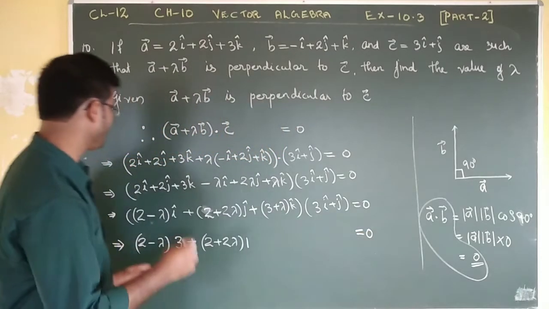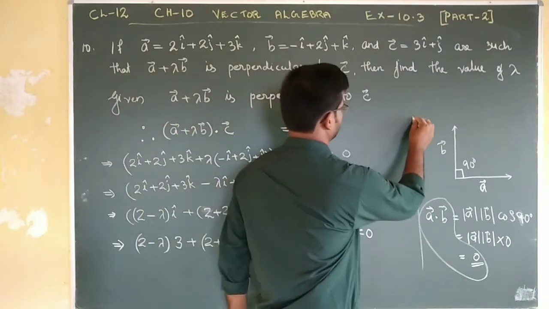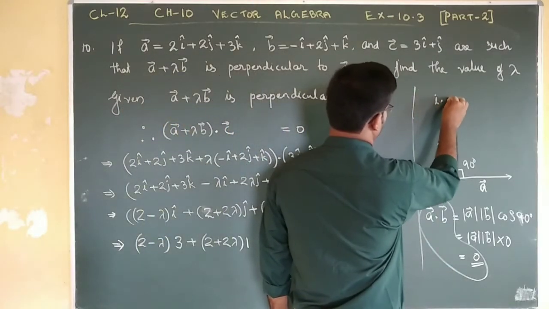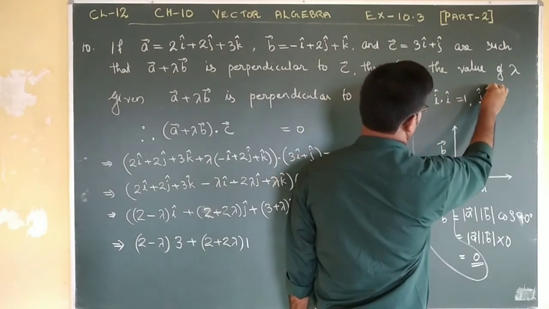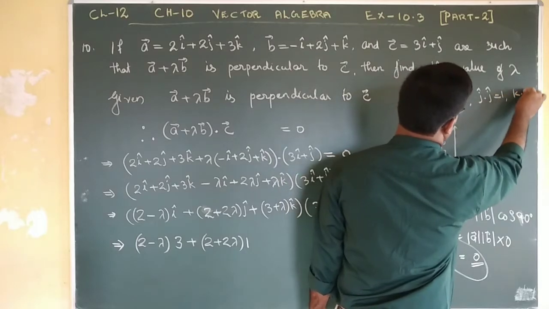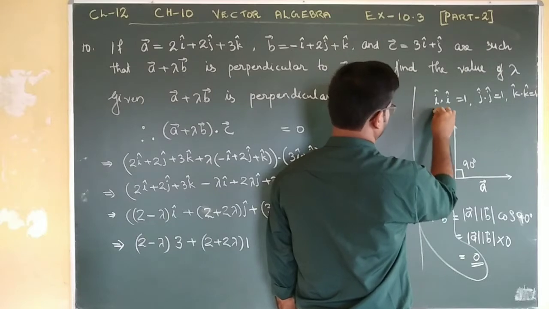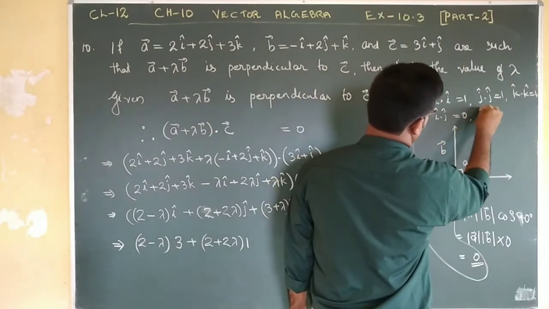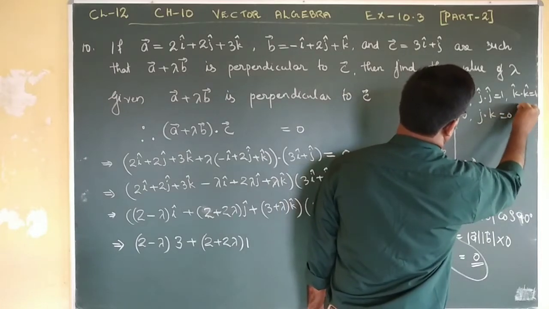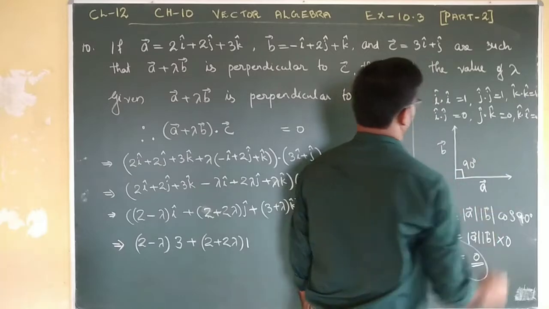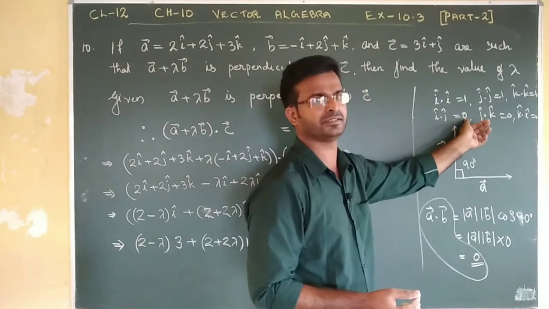Why we multiply like that: in your study of scalar product, you learned i dot i equal to 1, j dot j equal to 1, k dot k equal to 1. Then i dot j equal to 0, j dot k equal to 0, k dot i equal to 0. If you multiply different components, that means i and j, you will get answer 0.